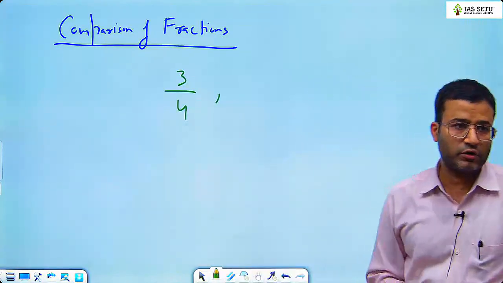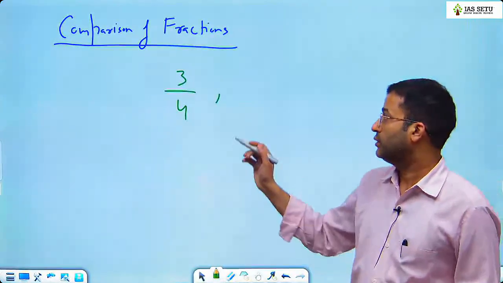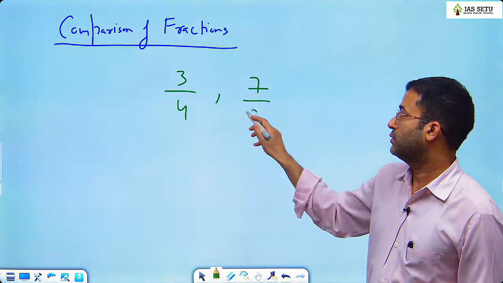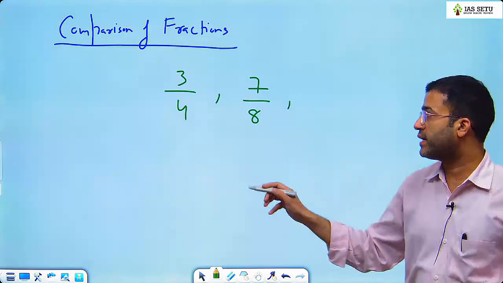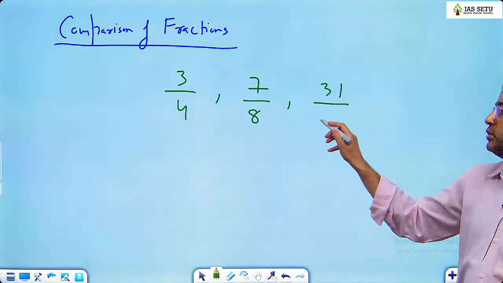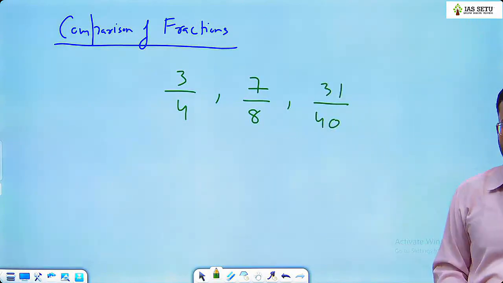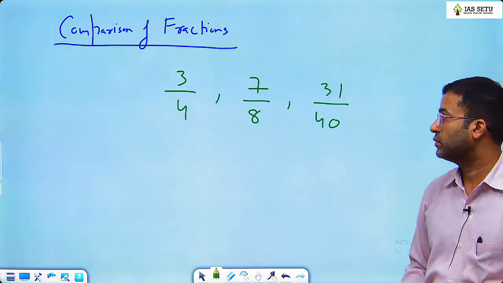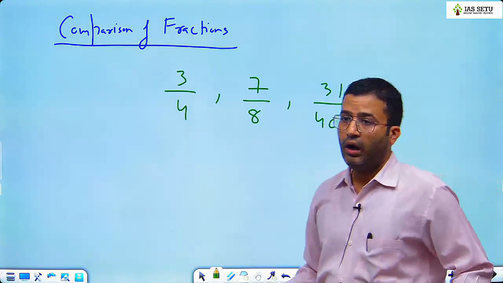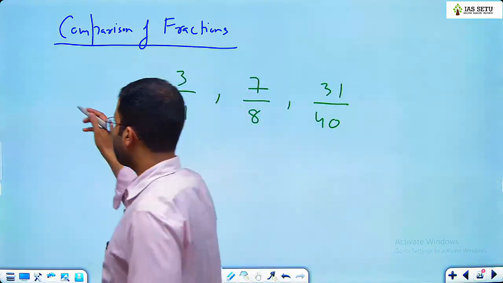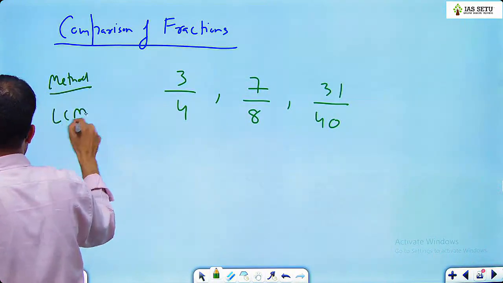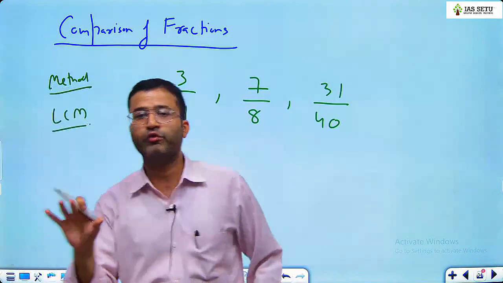Three by four, 7 by 8, 31 by 40. Okay. And here the method discussed in the book is the LCM method. I will brief you on what that LCM method is.